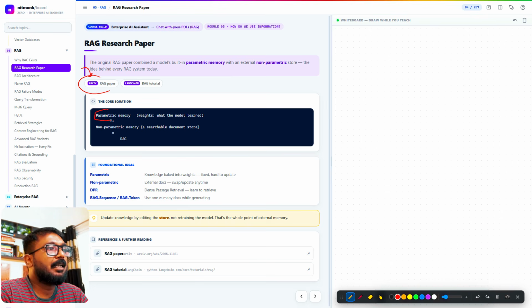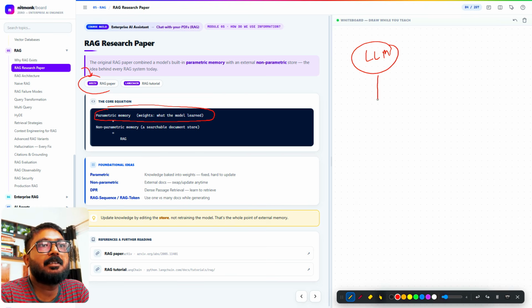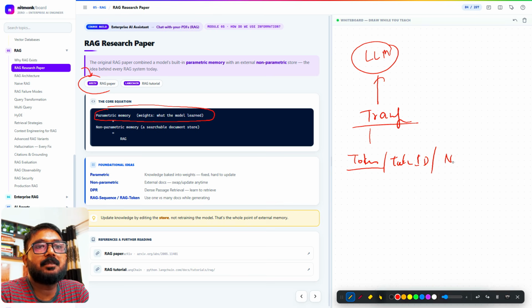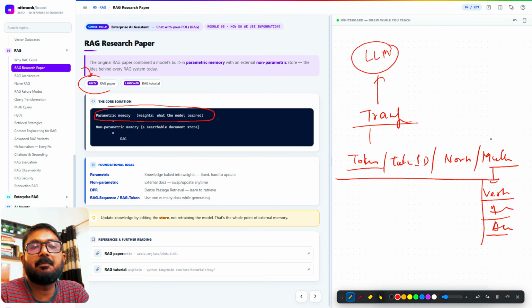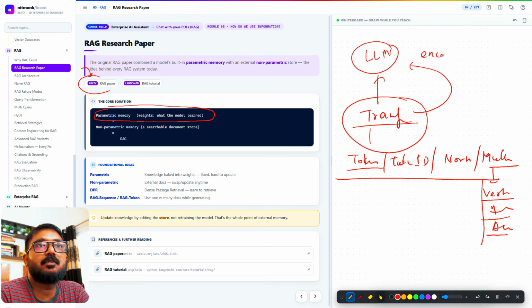The core equation is parametric memory, which I have told you about: what the model learned when we train the LLM. You already know the LLM is based on the transformer. The transformer is based on understanding of tokens, token IDs, norms, multi-head attention, how verbs, adjectives and adverbs are connected, and how the complete transformer architecture with encoders and decoders works.